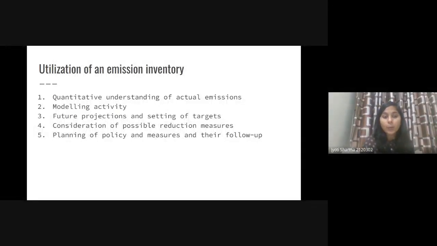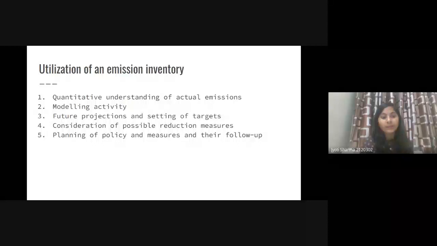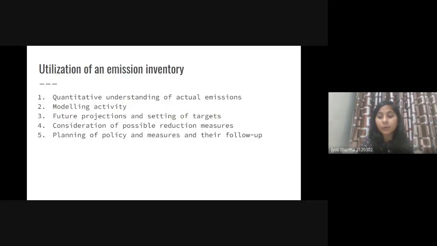So the first thing is quantitative understanding of the actual emission. So you must have the data of the actual emission in a very quantitative way, so that you can help in the policy making. Then the modeling activity. For example, with the help of air modeling, you want to know the air pollution at some level. Okay, so how will you know?